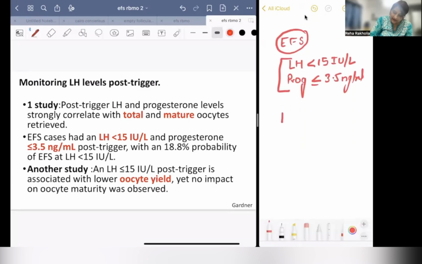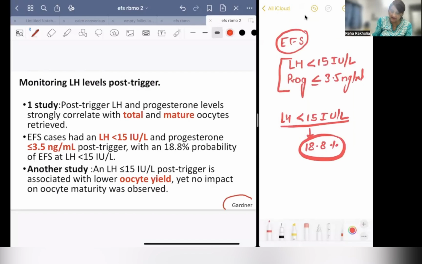And if LH is less than 15 international units per liter, the probability of EFS was 18.18%. This is taken from Gardner.